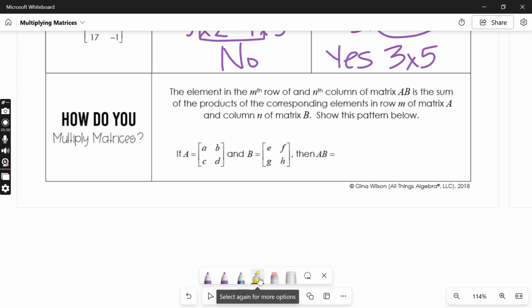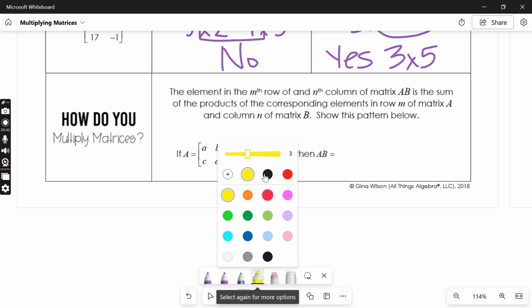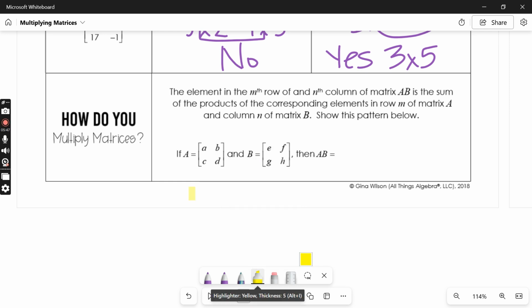But what we're looking at here, let's see if this highlighter will work. I want it to be a little thicker. Okay, so what I'm looking at here is the first row and first column to start out my multiplication.